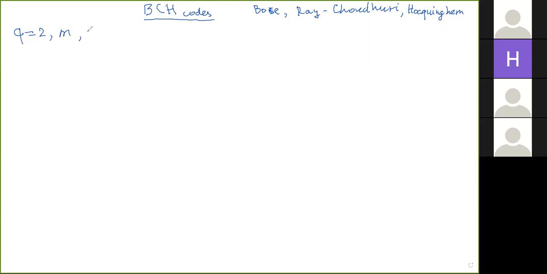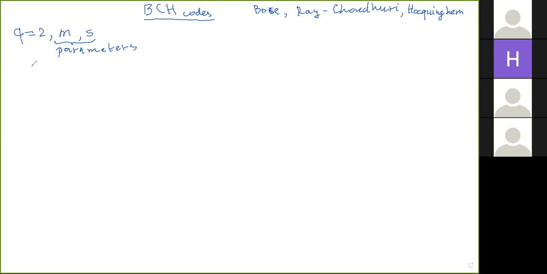And the last parameter, call it s, is also a natural number. So each code from the family is defined by two natural numbers called m and s. And these will be linear codes over F2.